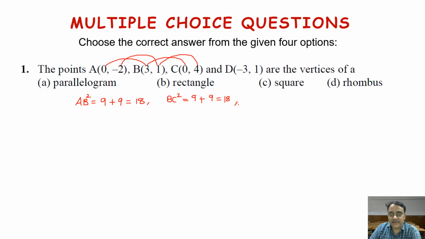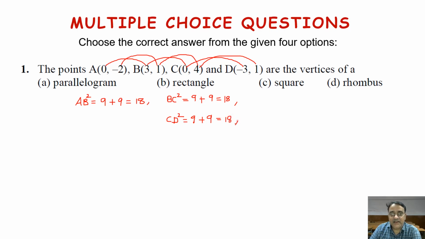Now CD square. ठीक है, CD square निकाल रहे हैं हम लोग. CD square, minus 3, 0. So minus 3 whole square, 9. 1 minus 4 is minus 3, whole square is again 9. So we are getting 18.